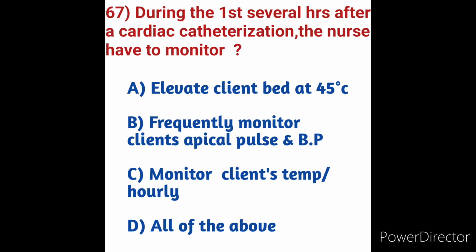Monitor the patient's vital signs every 15 minutes for the first hour after the procedure, then every 30 minutes for the next 2 hours. The nurse has to monitor for hematoma also, because the most common complication seen after cardiac catheterization is hematoma. So the nurse has to monitor hematoma also.